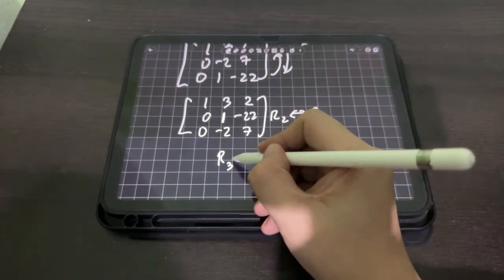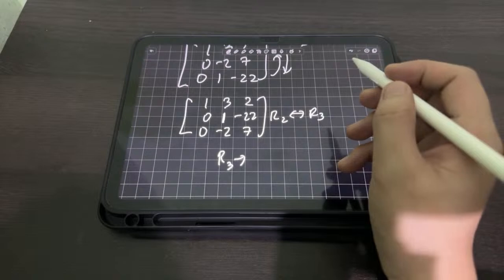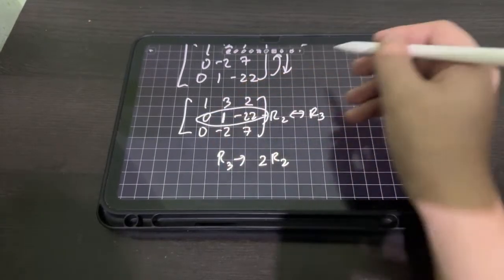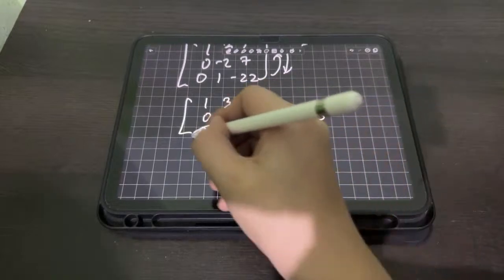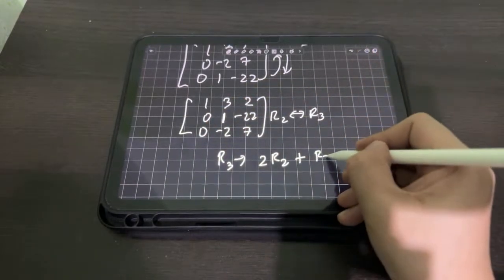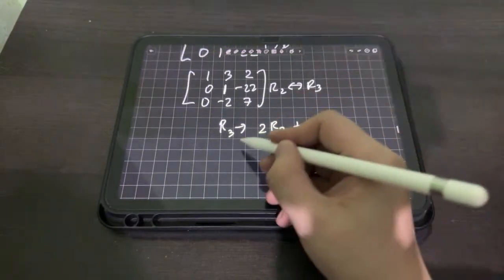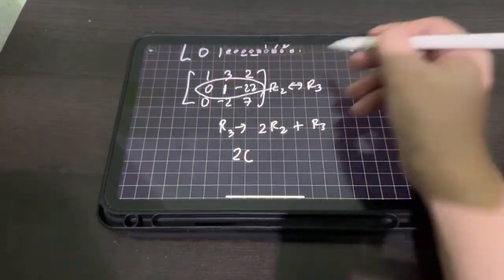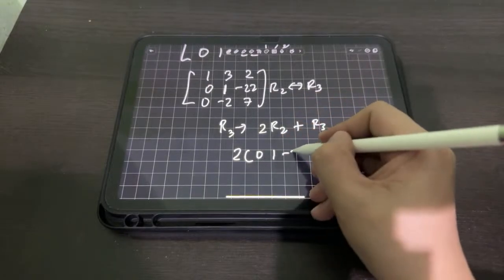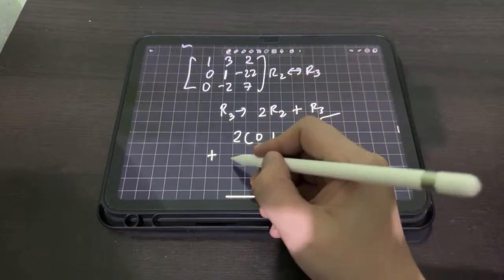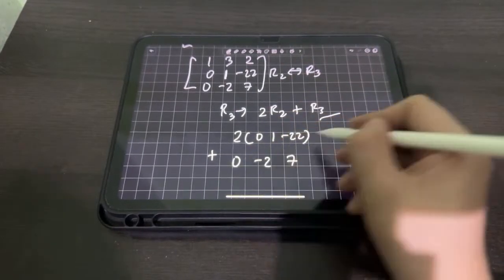The new form of R3 can be: we multiply 2 times R2 plus the entries in R3, to eliminate this negative 2. So 2 times the entries in R2, 0, 1, negative 22, plus the entries in R3, 0, negative 2, 7.